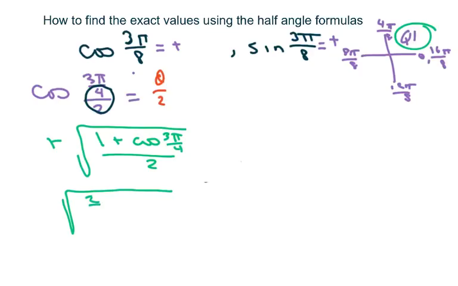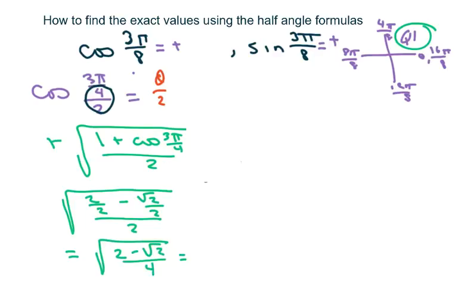So I'm going to write this as 2 over 2 for my 1, minus square root of 2 over 2, divided by 2. And this is going to be 2 minus square root of 2 over 4. I can go ahead and square root the 4, which is 2, and my answer is going to be square root of 2 minus square root of 2, over 2. And it's going to be positive, remember, because we're in quadrant 1.